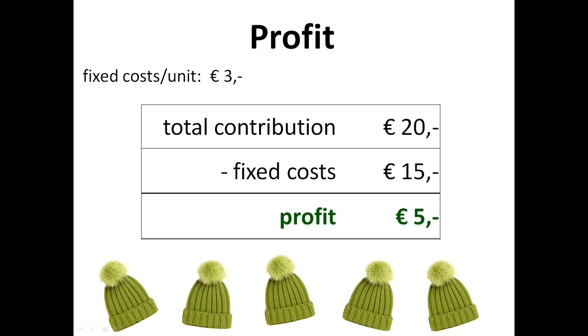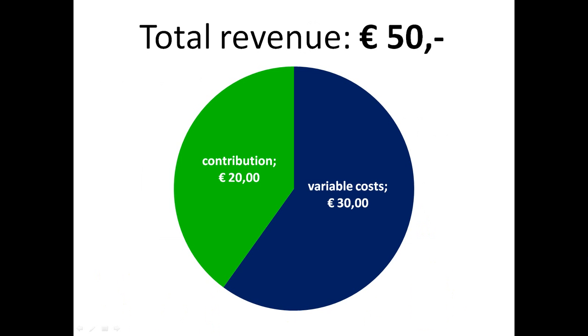We also have these examples in pie charts. Pie chart number 1 shows how the total revenue of 50 euros is divided between the variable costs, 30 euros, and the contribution, 20 euros.